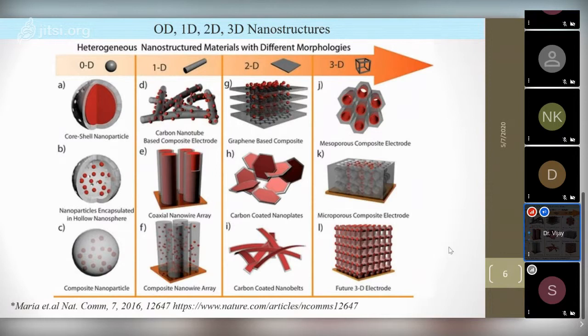It makes dimensional things. So there are advances in carbon nanostructures, even within 0-, 1-, 2- or 3-dimensional.